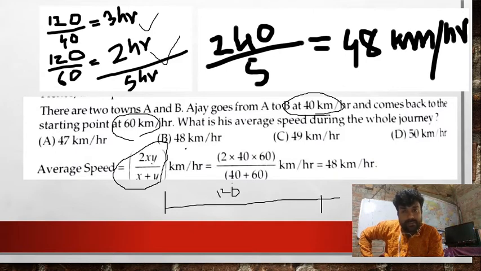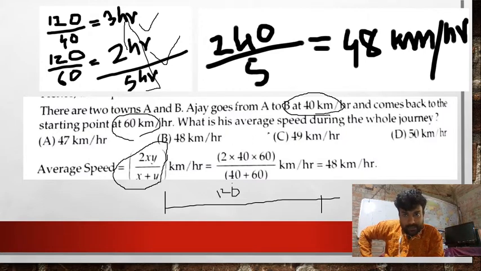Average speed is always the same equation: total distance by total time. Here the total time is 3 plus 2, 5 hours.